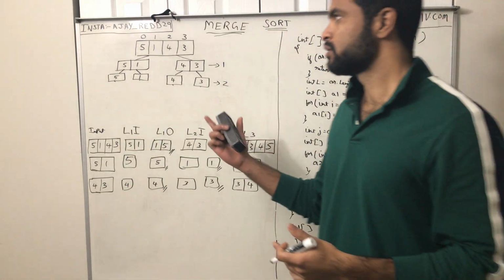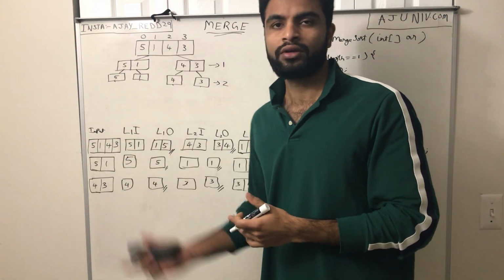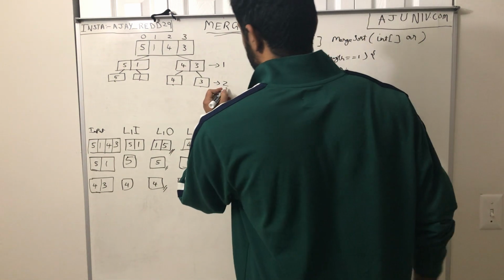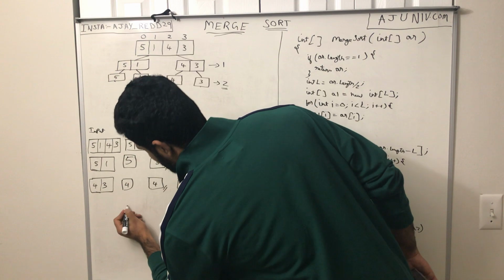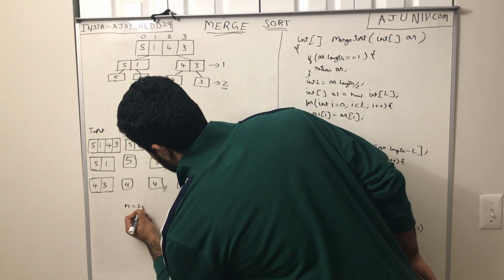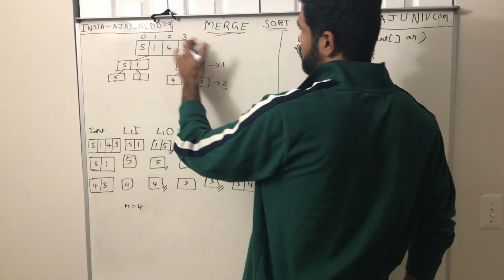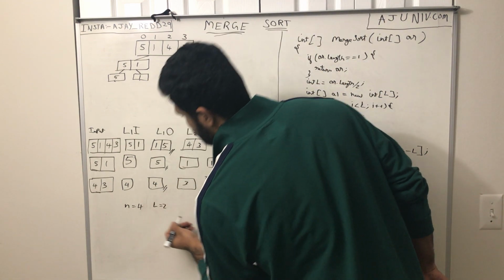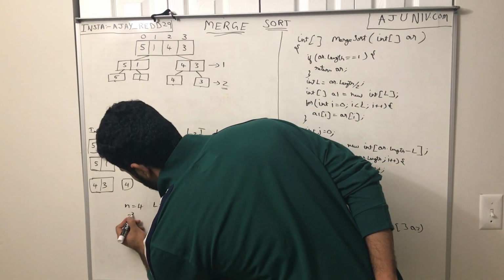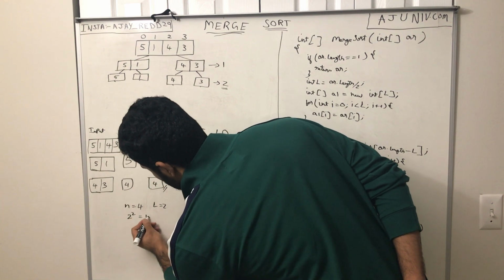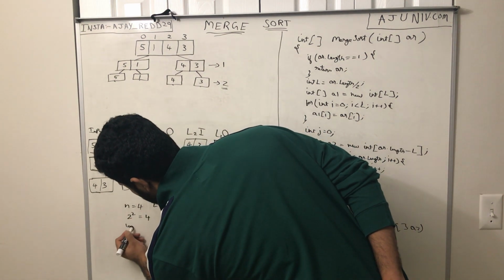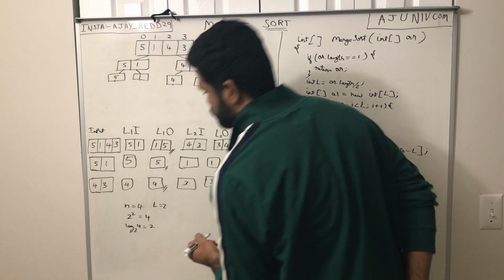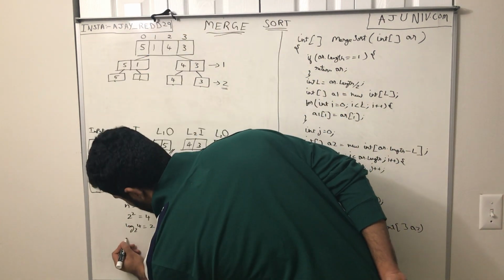So this 2 is nothing but, when n is equal to 4, where n is the length of the array, I need two levels, which is nothing but 2 power 2 is equal to 4. I can write this as log of 4 to the base 2 is equal to 2. So that is nothing but log n.